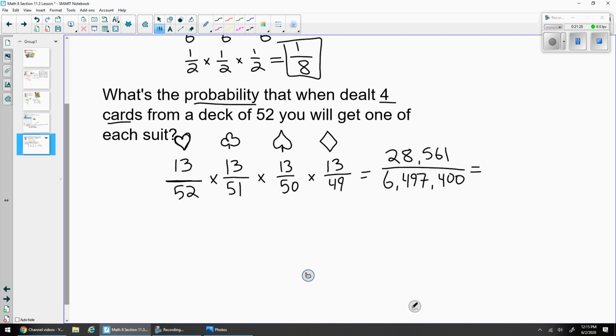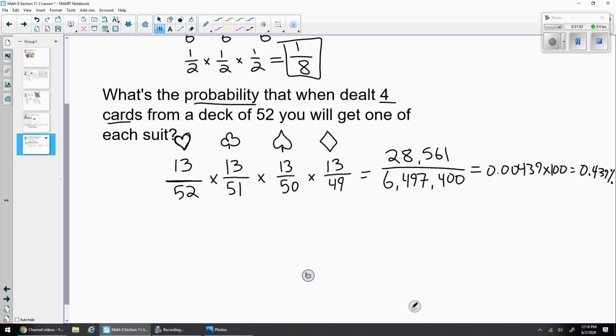So what percentage is this? We can divide the top number by the bottom. 28,561 divided by 6,497,400 gives me 0.00439. I times that by 100 to find my percentage, and I get 0.439% chance.